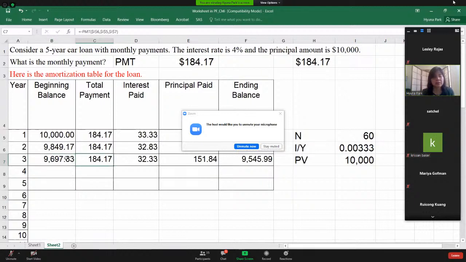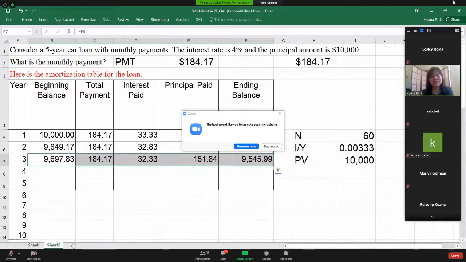Good. The payment calculation is correct. The interest calculation is correct. And the principal calculation is also correct. The ending balance, good. So we see everything is correct, and then select this, and you see the plus sign. That means we copy all those to fill it.